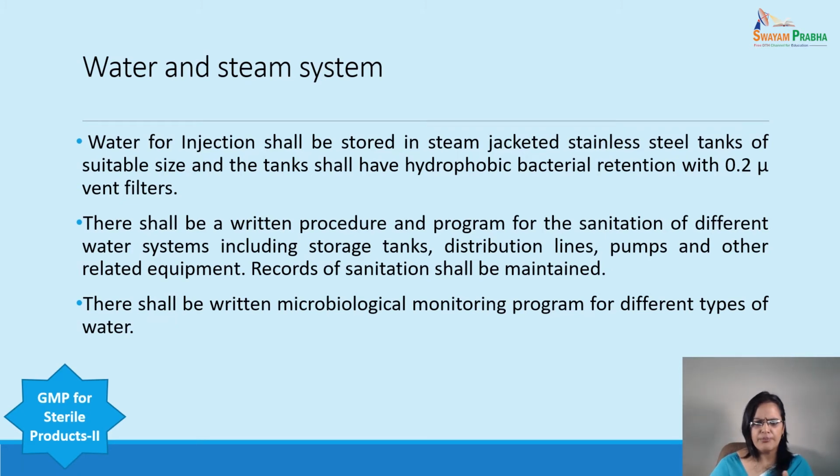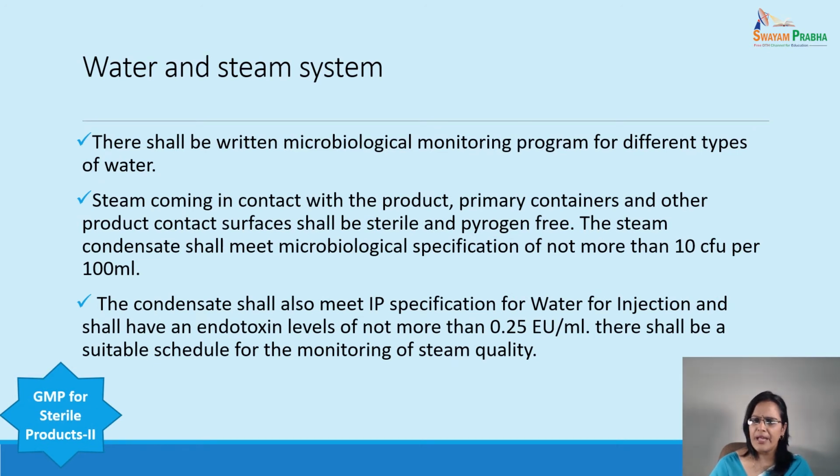A written procedure and program of sanitization of different water systems, including the storage tank, should be maintained, and there should be a written microbiological monitoring program for different types of water, and the documents maintained. Steam coming in contact with the product, primary container and other product contact surfaces shall be sterile and pyrogen free.